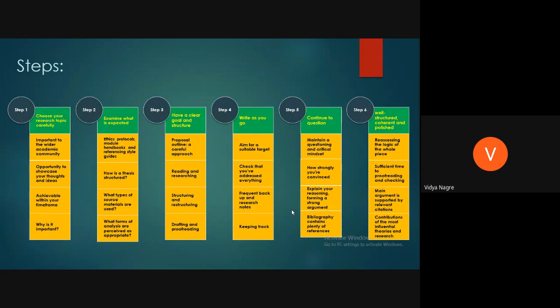Now, another important point is, unless and until there is ample backup data, you cannot work on that topic. If you choose a certain topic for which you do not have any methodology available or any literature review available, you cannot go for your research because you do not have a theoretical background for it. So you have to make sure whatever topic you have chosen, there must have been some contribution by previous scholars.